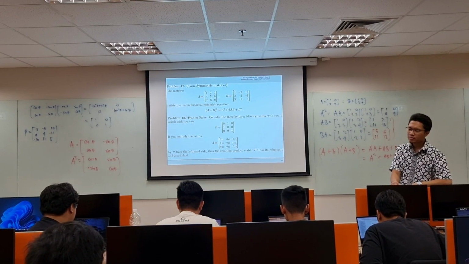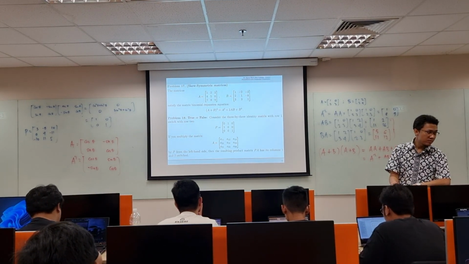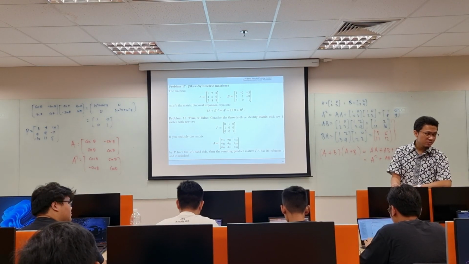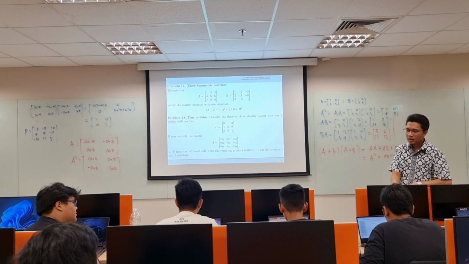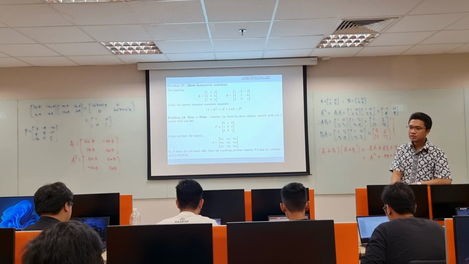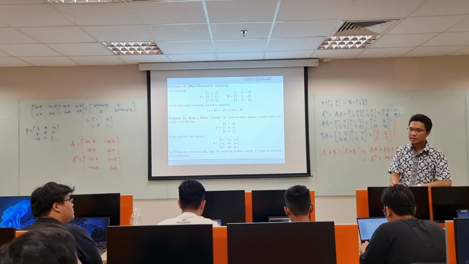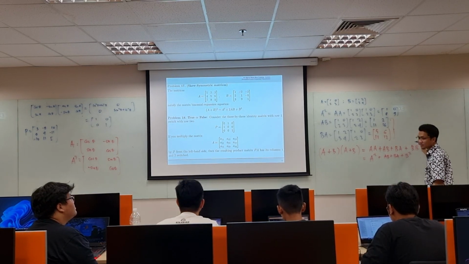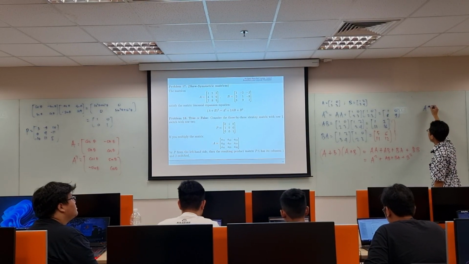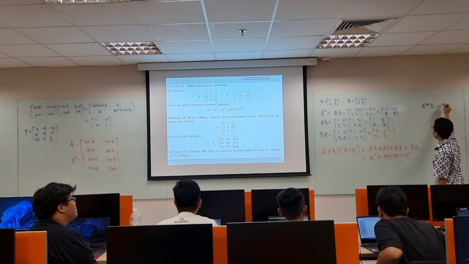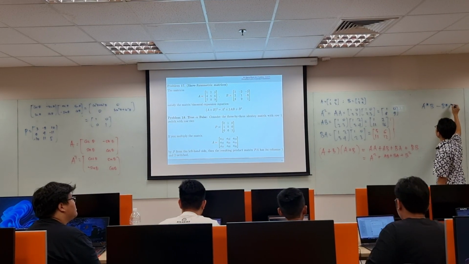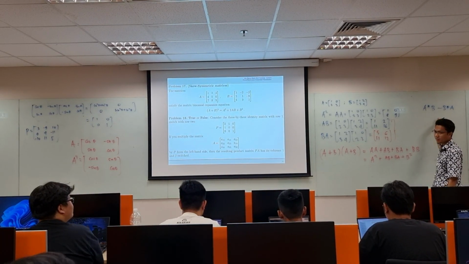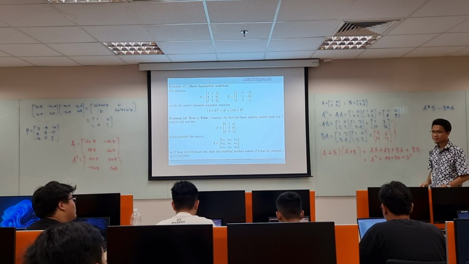How do you check? Just encode it. The quickest way to check in MATLAB whether they are the same: you perform A times B minus B times A. If you get 0, they are the same. With non-zero, they are not the same.